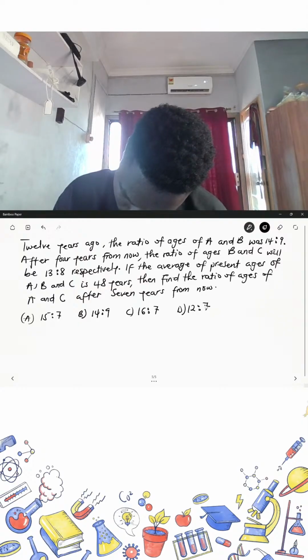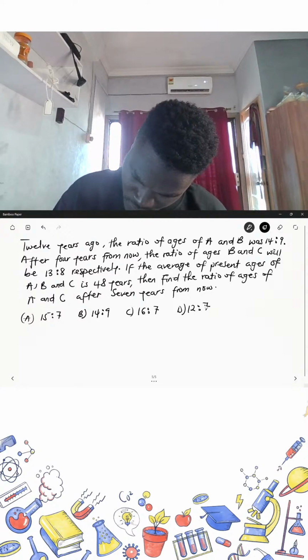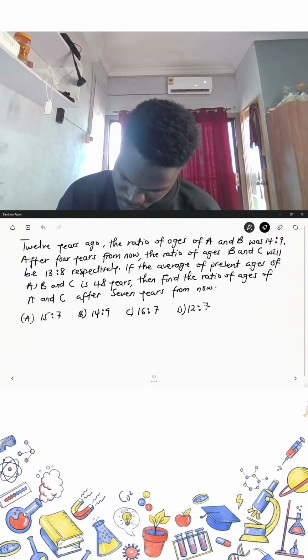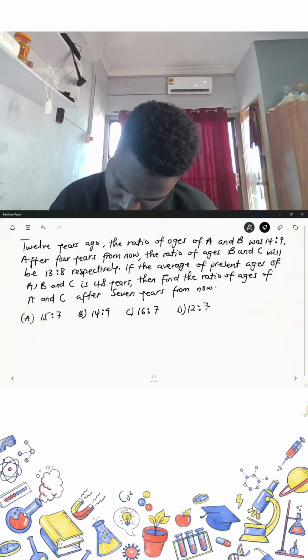Okay, so I now have 13y plus 13 times 4, 52, 52 is equal to 8 times 9, 72x plus 16 times 8, 128.